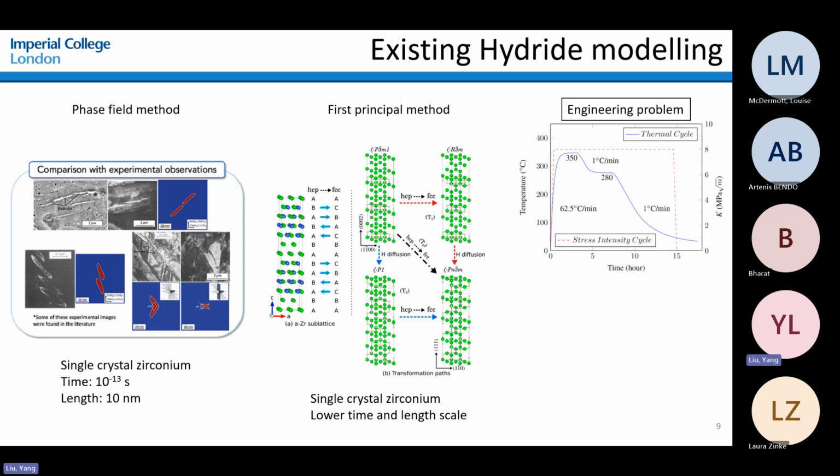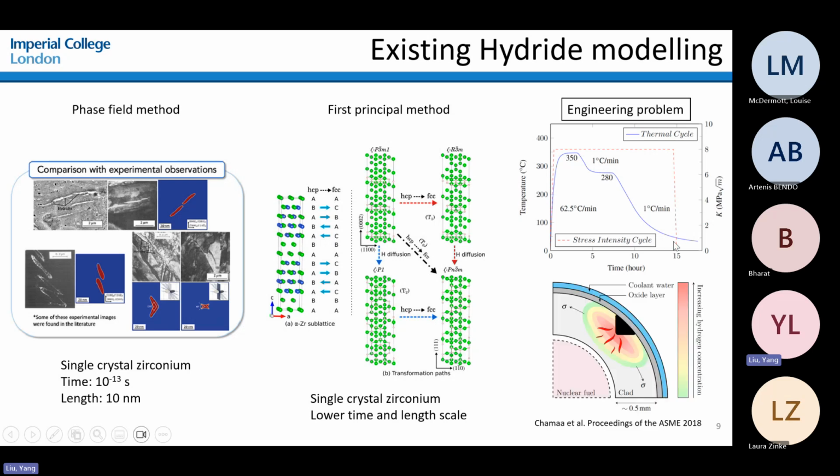So we are more interested in the microstructural responses of the material, basically relating to the real cladding material, while we focus on the microstructure, which is just beneath the bulk material strength. And then we can understand the hydride behaviors at that length scale and also at longer time scale.